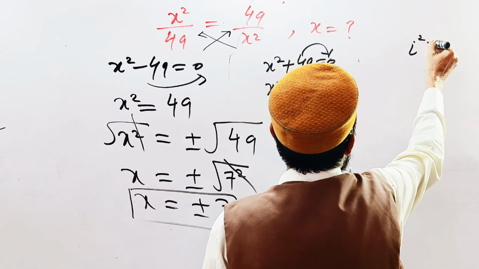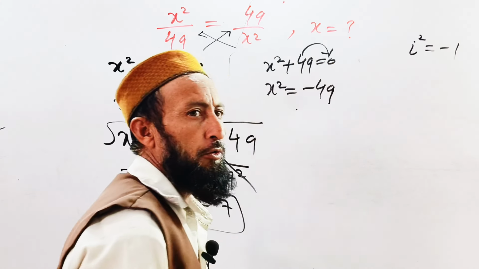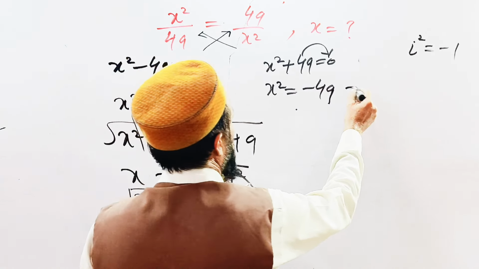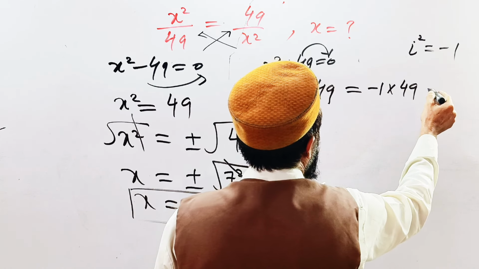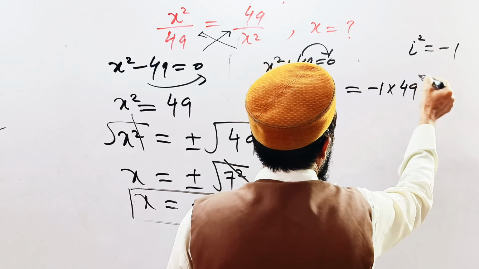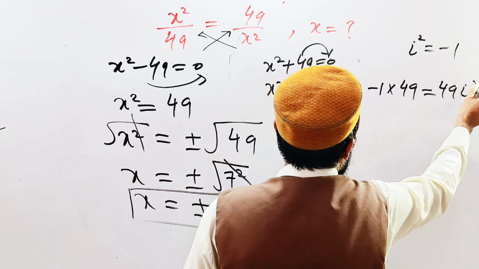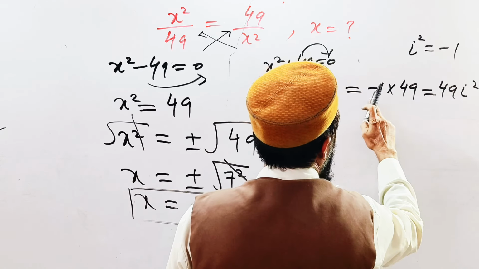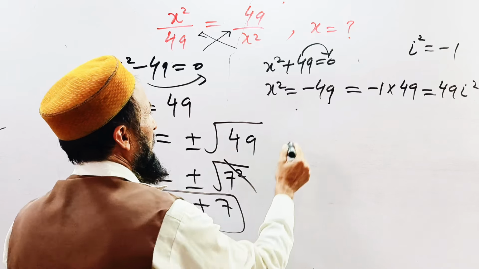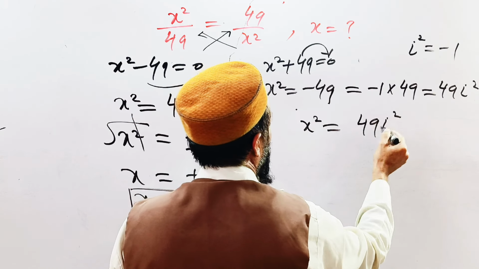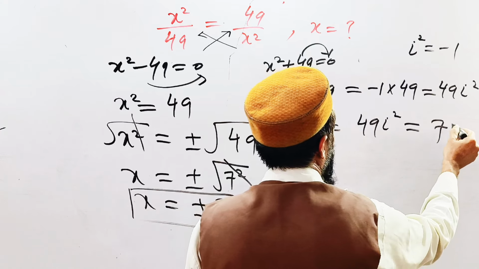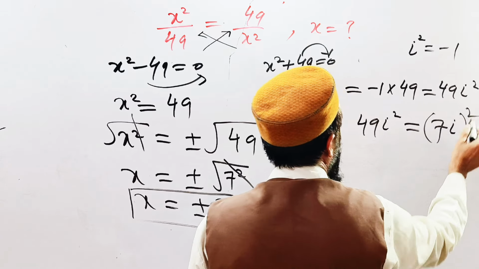As we know, iota square is equal to minus 1, and this term we can write as minus 1 multiplied by 49. So we can replace it with 49 iota square; in place of minus 1 we put iota square. So we get x square is equal to 49 iota square. Further we can write this as 7 iota whole square.